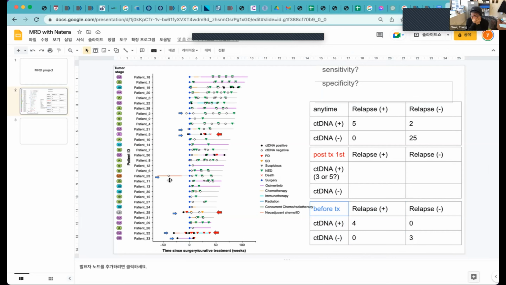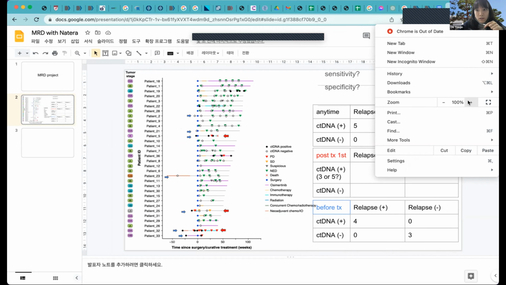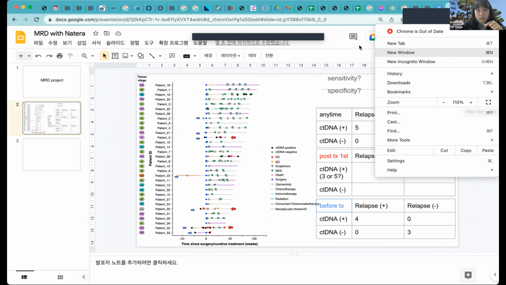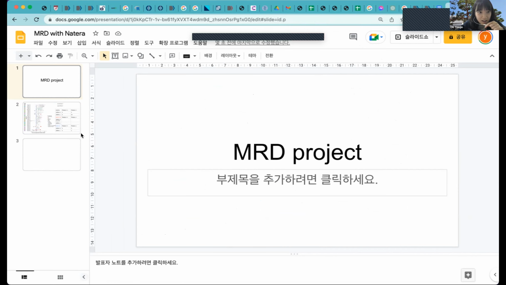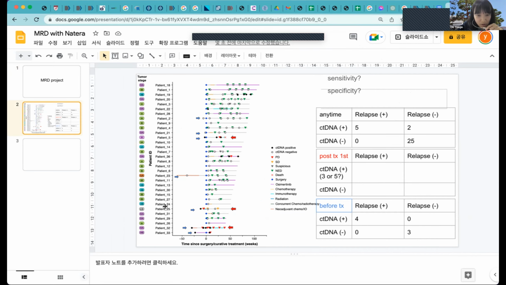For surgery it's easier to determine, but for radiation therapy, look at patient number 25. I will magnify the screen a little bit. This patient number 25, I know this patient, she received neoadjuvant chemo, IO, and concurrent radiation as a curative treatment.